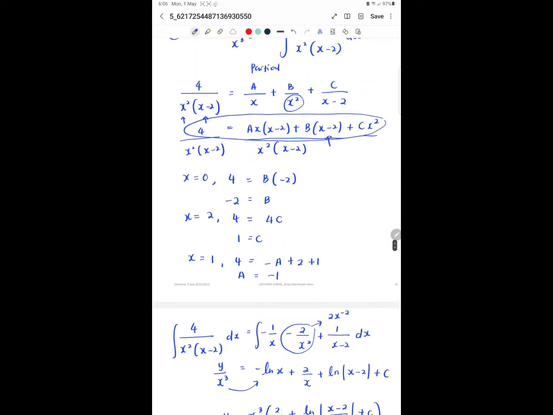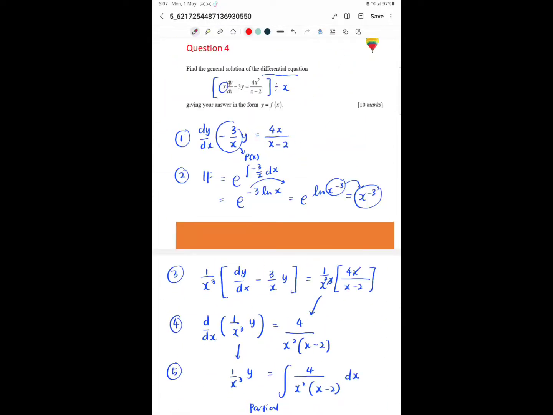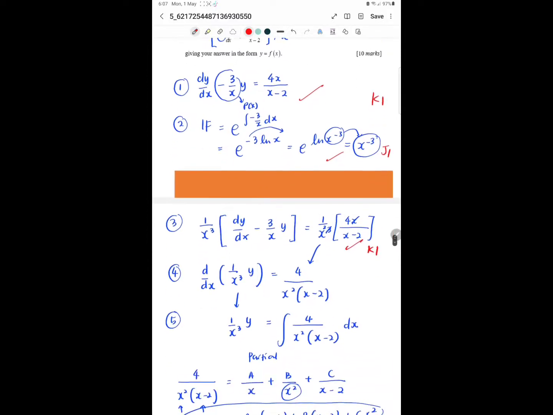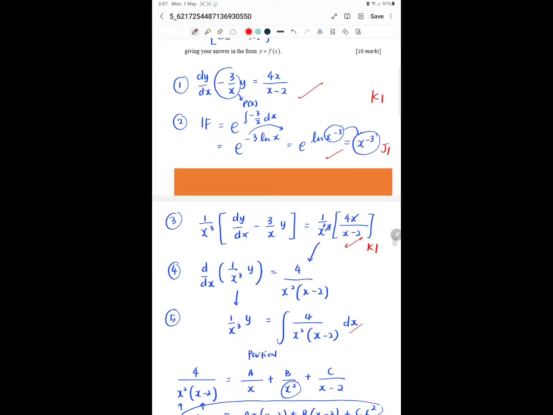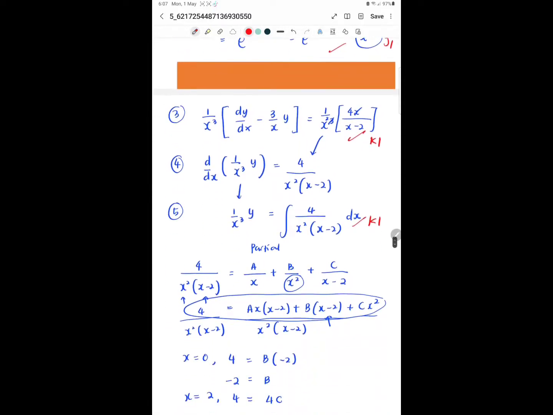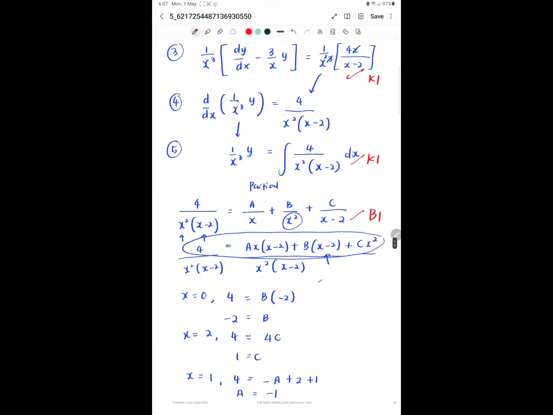So the marks here will be given when we simplify, and then we get the integrating factor, K1, J1. Then we multiply, the fifth step will be K1. And then do the partial fraction, B1. Simplify to get all the values of a, b, c, K1.